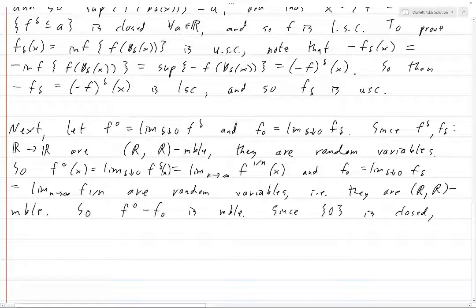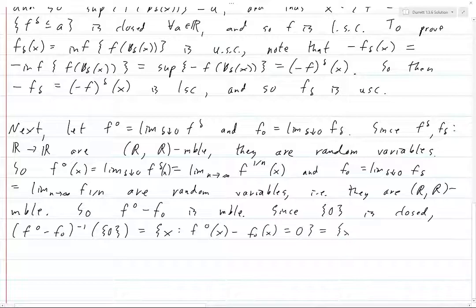And so if we take the inverse image of this, this is all x such that f upper 0 of x minus f lower 0 of x is 0. So this is all points x such that f upper 0 of x is equal to f lower 0 of x. And so this is measurable.